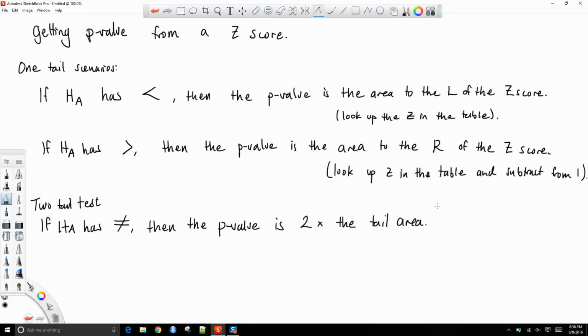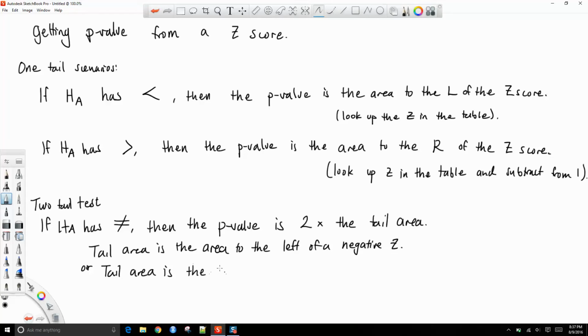The tail area is the area to the left of negative z, or the area to the right of a positive z.